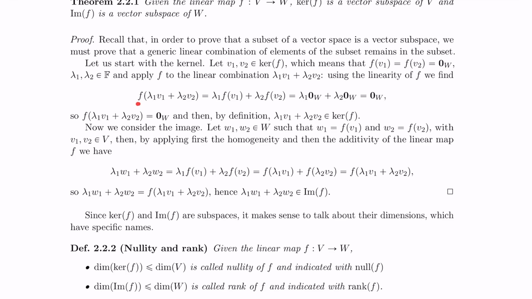So, if we apply F to this linear combination, by linearity, we find lambda 1 times F of v1 plus lambda 2 times F of v2.